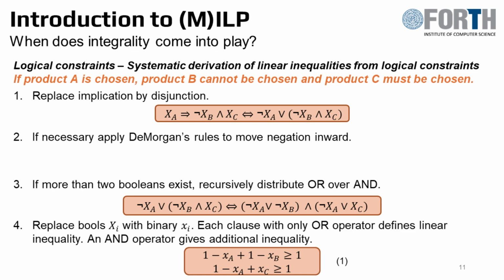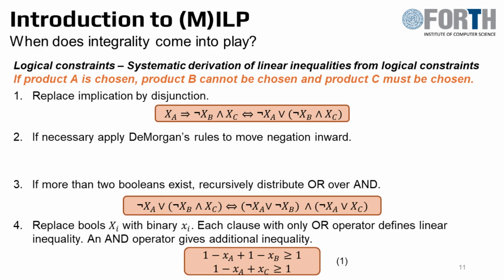Then, replace the Boolean variables with binary decision variables. This is the bridge from logic into optimization. Each Boolean becomes a 0 to 1 variable. Finally, translate the normalized logic into inequalities. Each clause that contains only OR operators becomes one linear inequality.